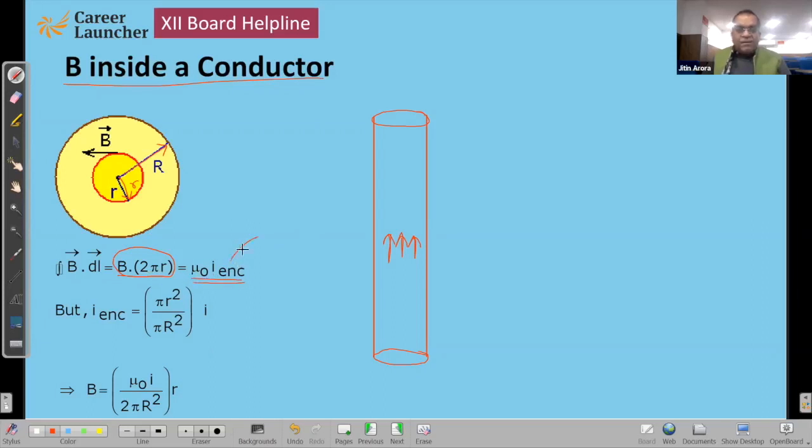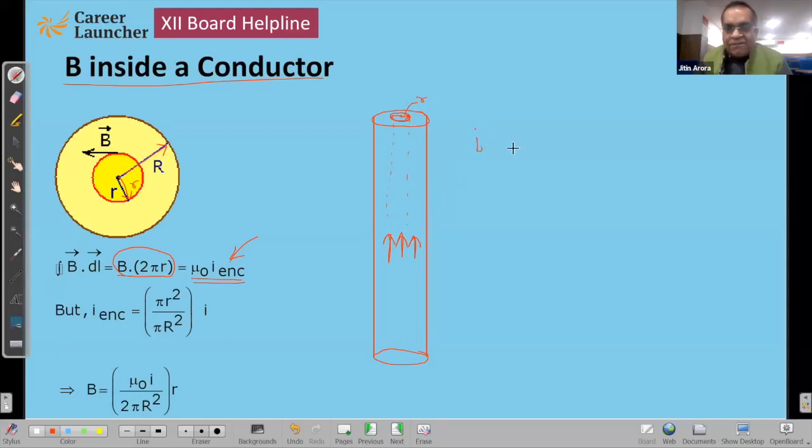Now how do I find the current enclosed here? So to find the current enclosed, what do we do? We take a small area inside it of radius small r. ठीक है बच्चों, स्मॉल आर रेडियस का जितनी रेडियस के रीजन में मुझे देखनी है मैग्नेटिक फील्ड, सो मैंने सिर्फ उसके उतने क्रॉस सेक्शन को लिया.